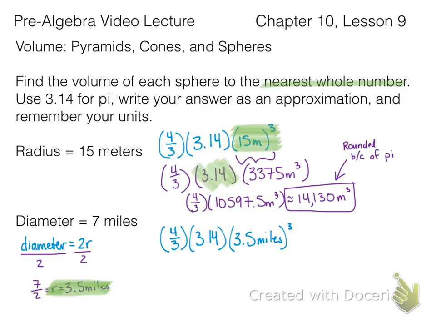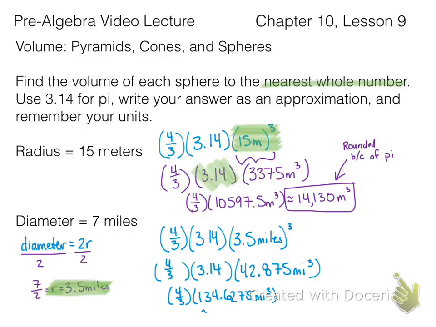So we're now going to plug it into our formula, and we're going to cube 3.5. That's going to give us 42.875, and then we're going to multiply by pi, and we're going to multiply by 4/3, and we're going to get 179.5, but since we need to round to the nearest whole number, that's 180 meters cubed, or 180 miles cubed. That's the volume of that sphere.